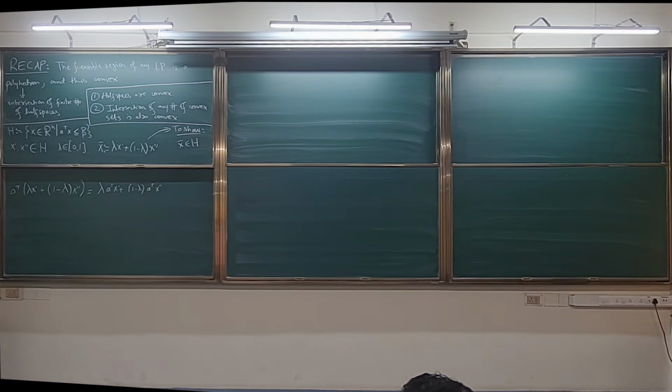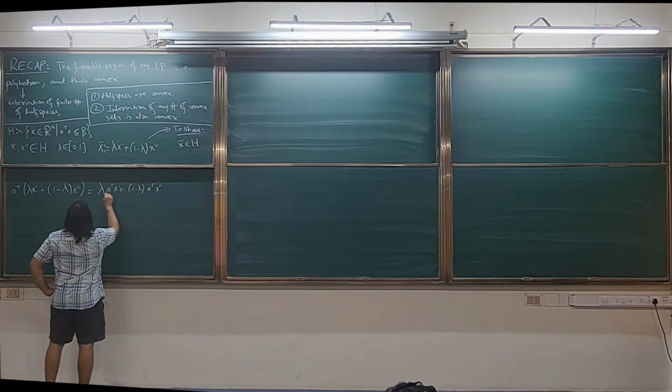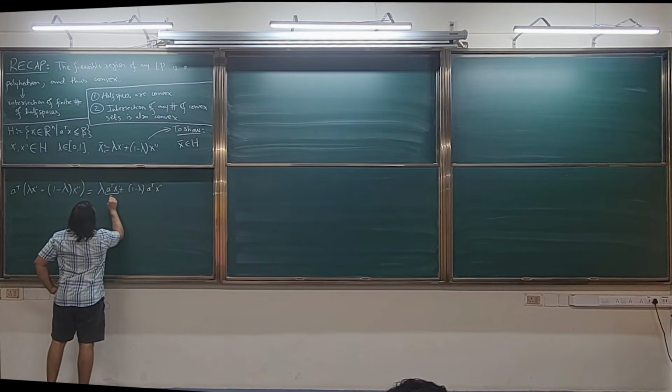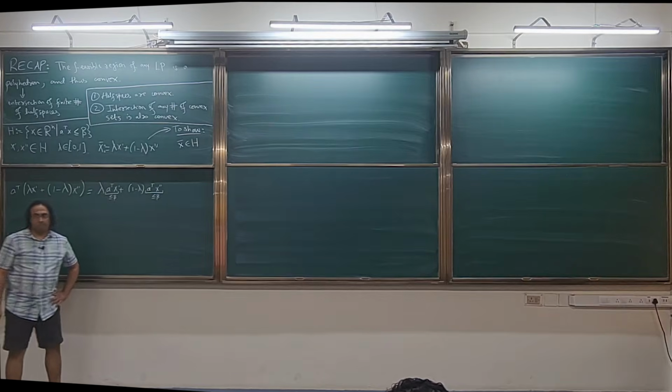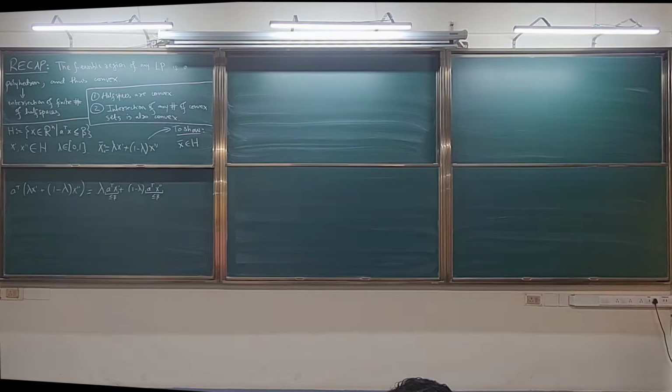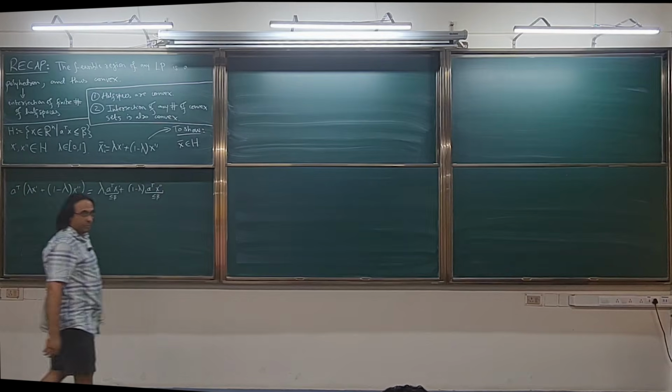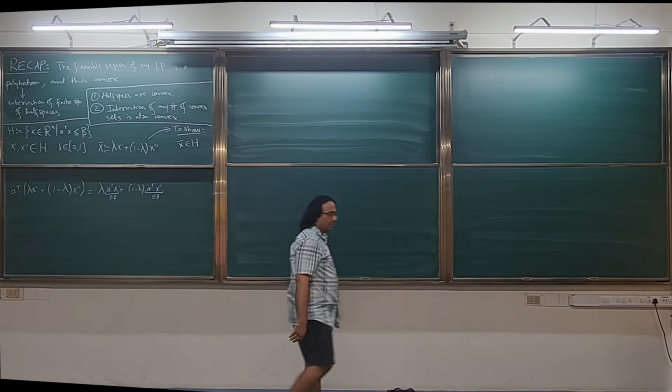Yeah, that works. These are scalars. We know that this is less than or equal to beta, and we know that this is less than or equal to beta, because x prime and x double prime are in the half space, so they satisfy A transpose times itself less than or equal to beta.